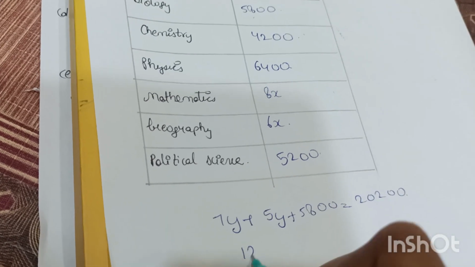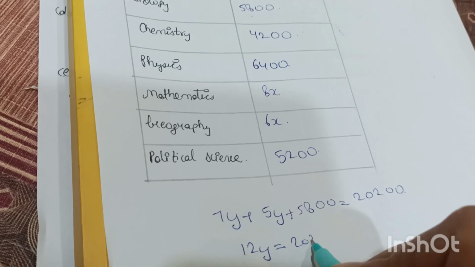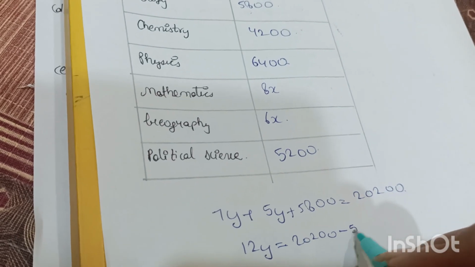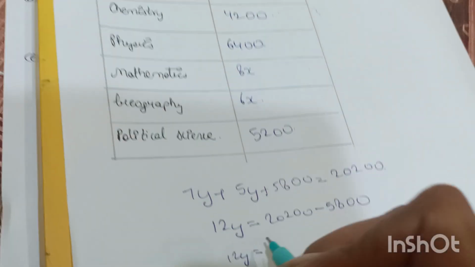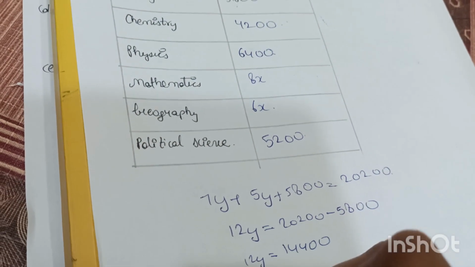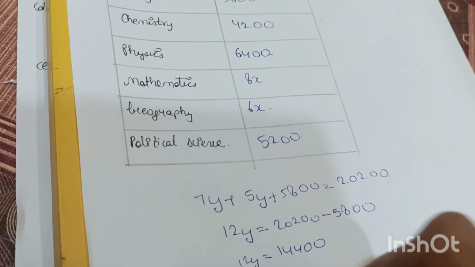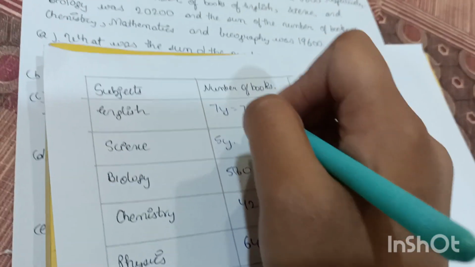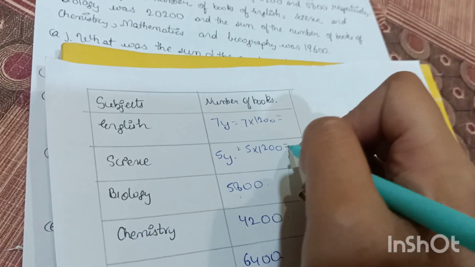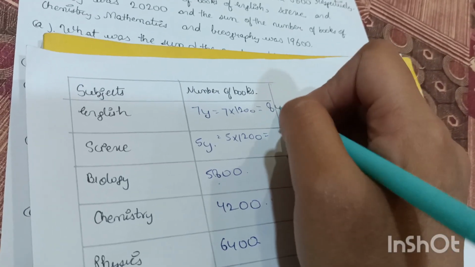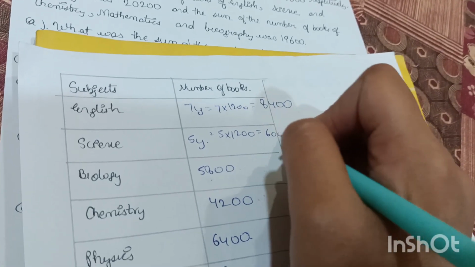So now let's solve it. So y is equals to 1200. So you can put the value 7 into 1200 and 5 into 1200. So you'll get the value as 8400 and over here as 6000.